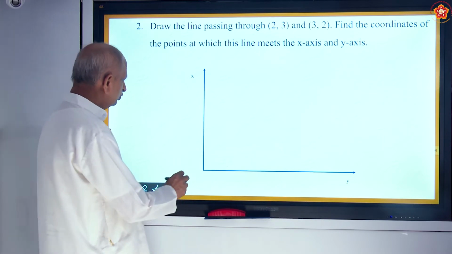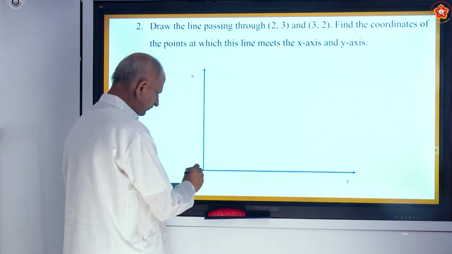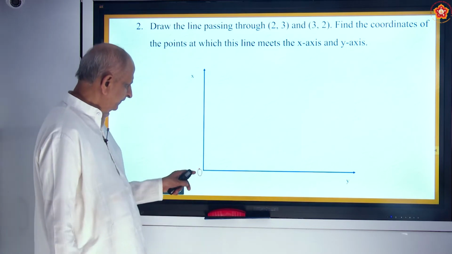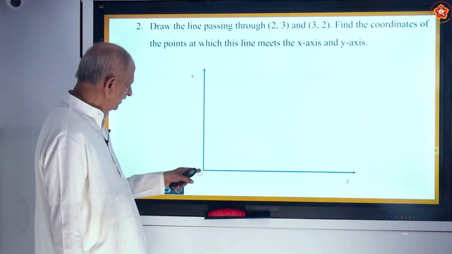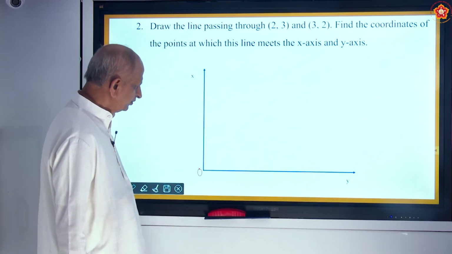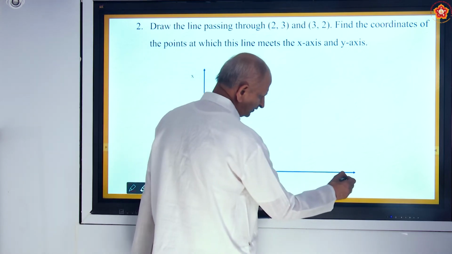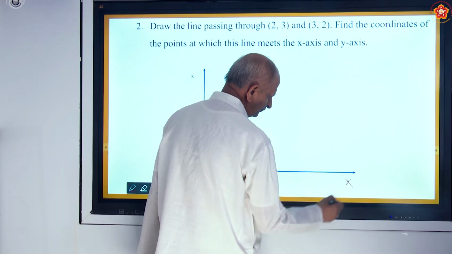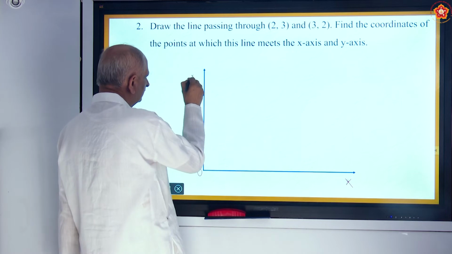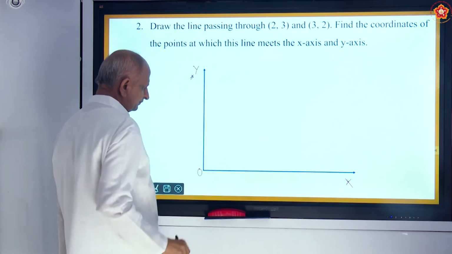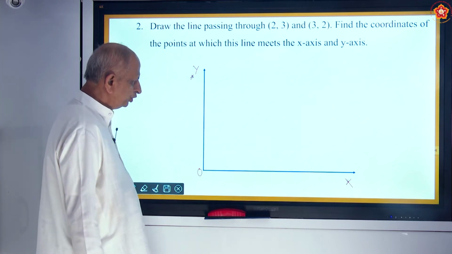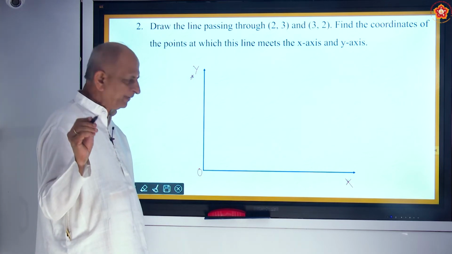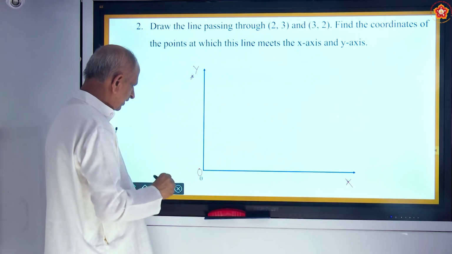So you are asked to draw a line. What is the first step? First step is to draw the y-axis. Then draw the x-axis. So it should be y here, this is x. This is the x-axis and this is the y-axis. And this is called the origin. And then what you must do? You must mark the points. And how to mark the points?